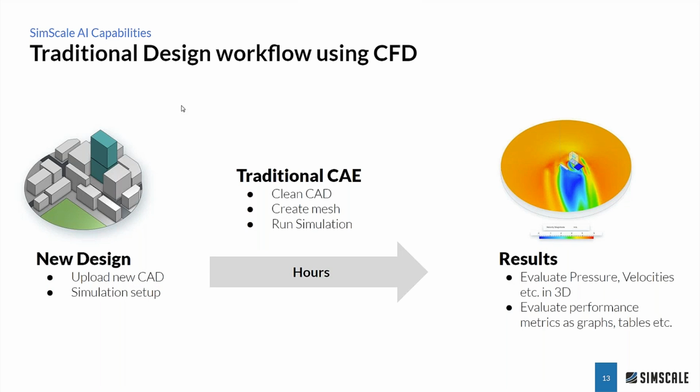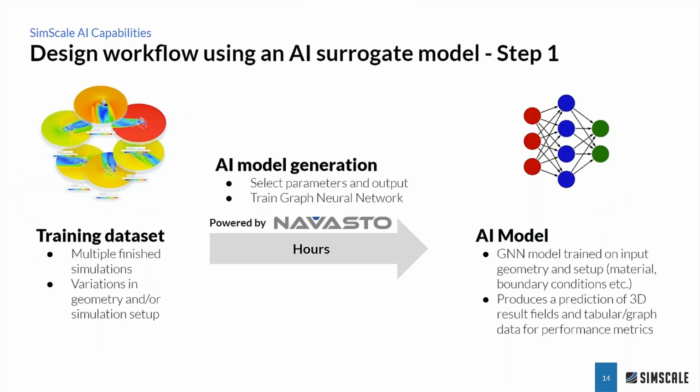With the new approach that we're enabling now, with AI, you have basically a two-step approach. And step one is you take the data that you have generated, either in the past by simply using SimScale or specifically for a project. So you take that data set, which consists of variations of your design with different options, maybe different wind conditions that you did before, and you put that through a component that we developed together with our partner NAVASTO into a graph neural network.